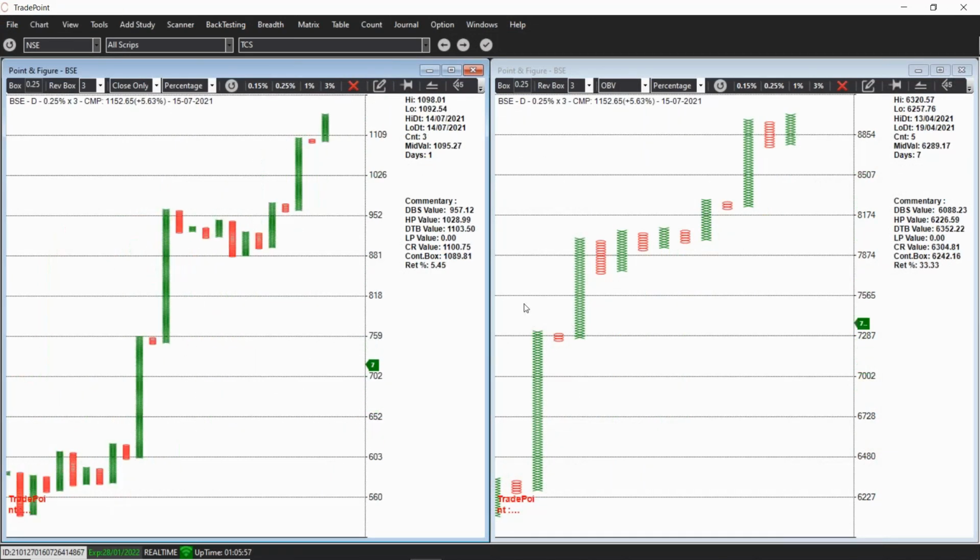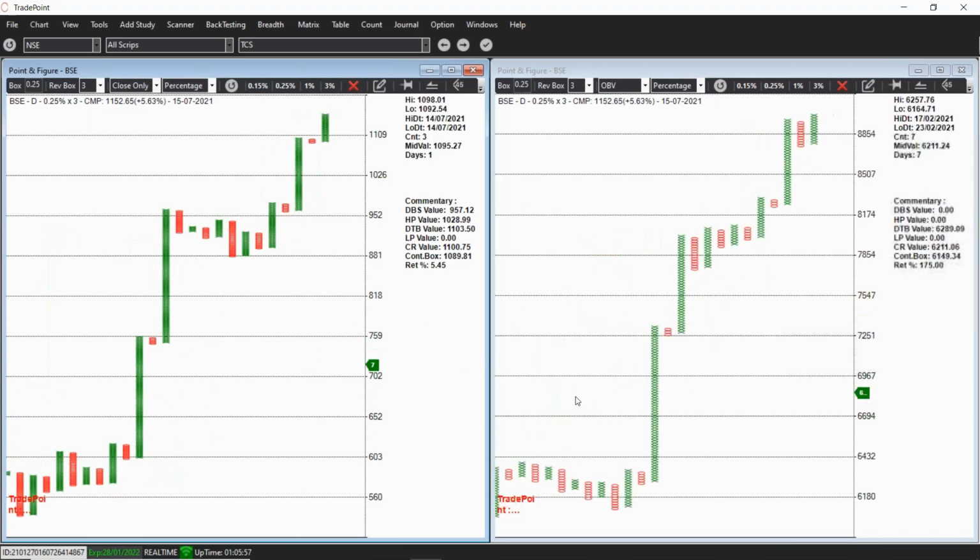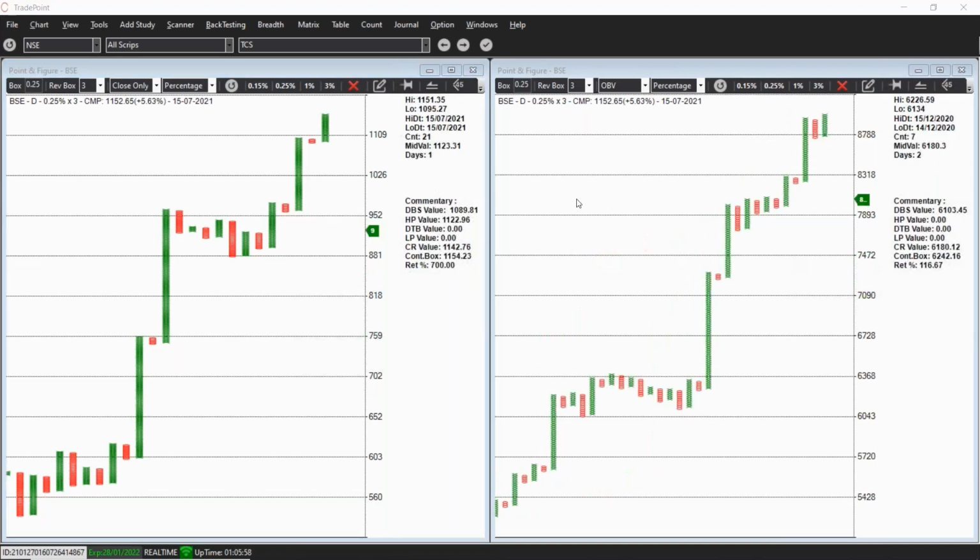Now simply try to first of all think: what does it mean when the price chart is also bullish and the OBV chart is also bullish? When the OBV chart is bullish, that means the price is bullish and it is going up with the support of volume. So basically, when the OBV chart is bullish, that means price and OBV pattern is bullish. Now you can analyze both these charts and read the price trend as well as the price plus volume trend.